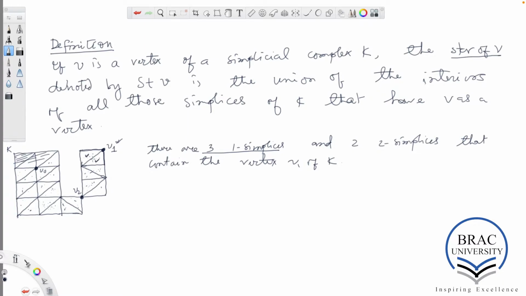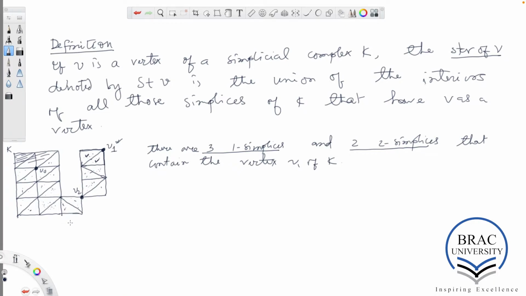This is also a two simplex. They both contain v1. So there are two two simplices that contain this vertex v1. Okay, so this was the story of the vertex v1.